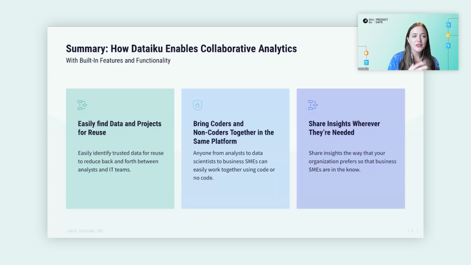And then we have Chad and Jing, who are brought together in the same platform, even though Chad had some doubts about whether or not the visual ML model could work. Once he got in there and was actually playing around with it, he figured out, hey, this is actually pretty robust. But he could do it in code if he wanted to.